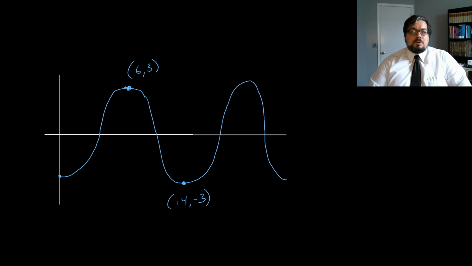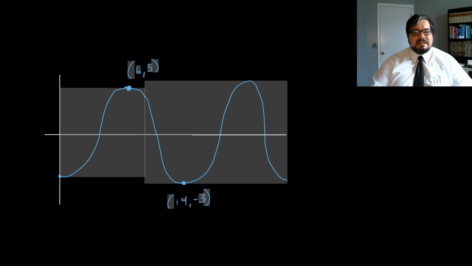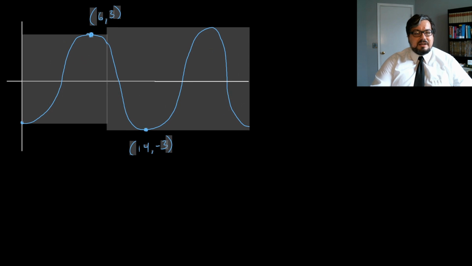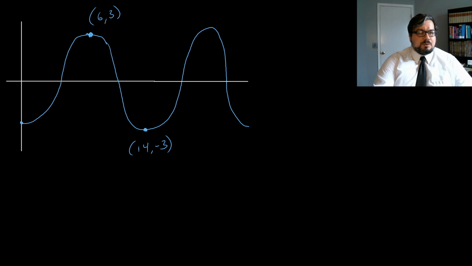And let's say that's all we're told. Believe it or not, we still have enough information to figure out a function that has this graph. Using the same criteria as last time, we want it to be a sine of bx or a cosine of bx. Let's work this out here.